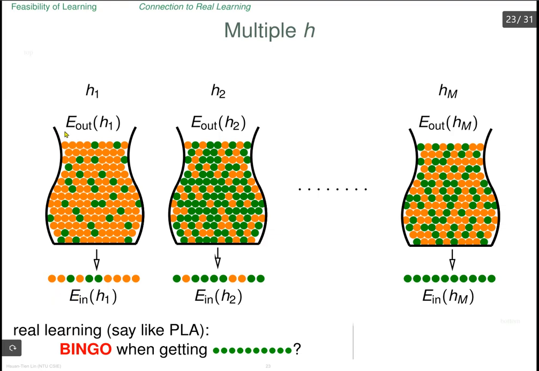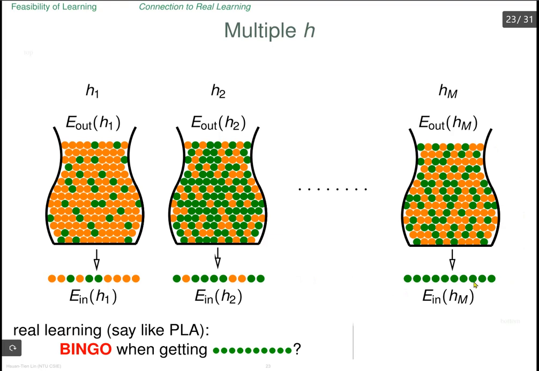In the bin case, out-of-sample error can be represented as mu, while nu is the in-sample error. By just visually looking at this, H2 is better than H1 because most of the marbles are green, and H2 seems to agree with the target function. In the sample case there are also more greens.